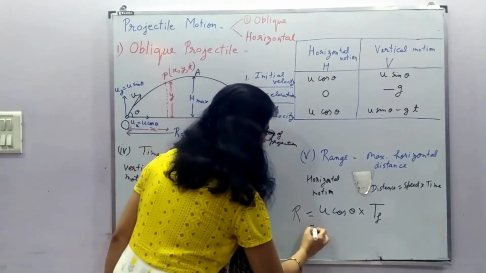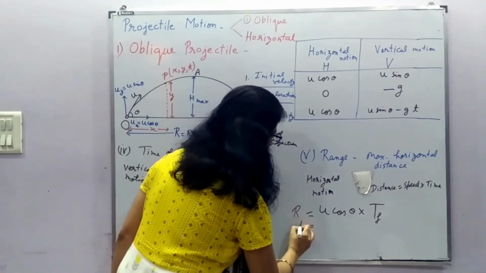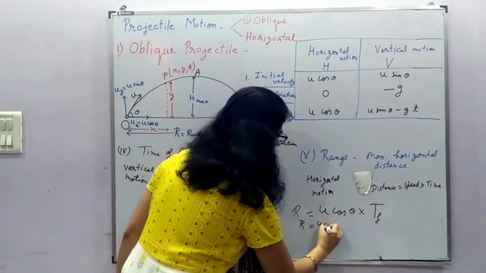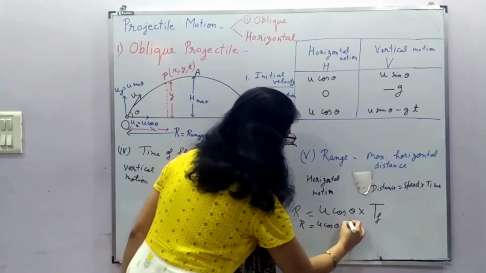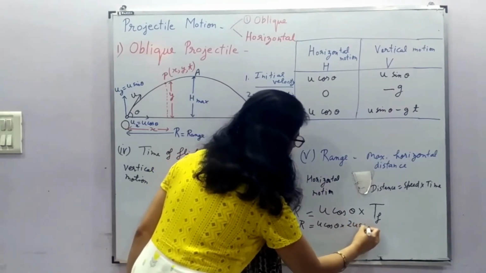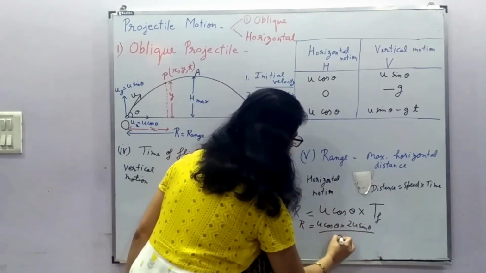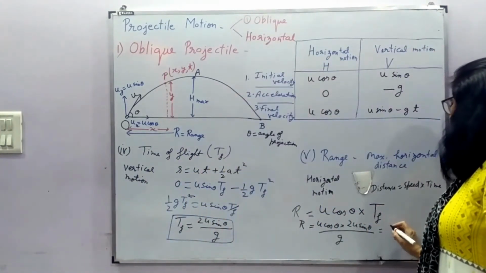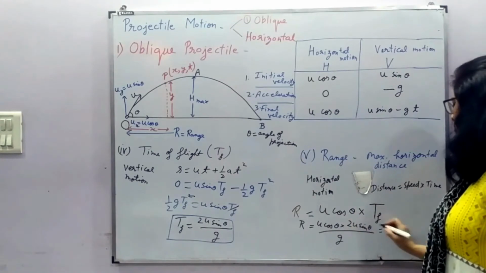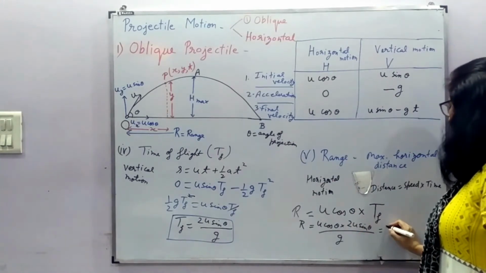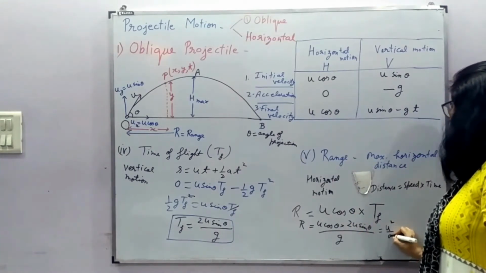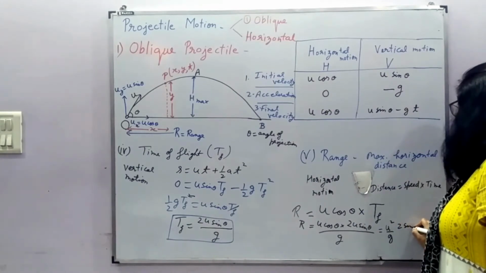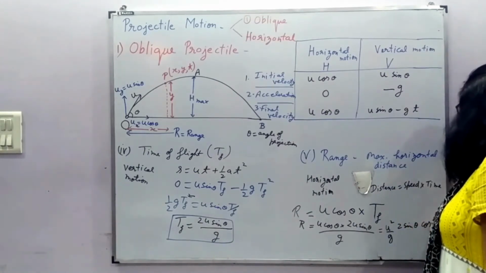And this will give me u cos theta. Time of flight is 2u sin theta upon g. Now what is this? I can write it u square upon g, 2 sin theta cos theta.